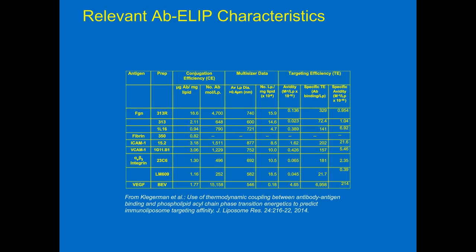Malvern makes a number of them, and I don't want to be advertising for any particular one, because there are quite a few of these instruments. And then there's not just dynamic light scattering. There are other small particle characterization techniques that are used, and a number of them use lasers.